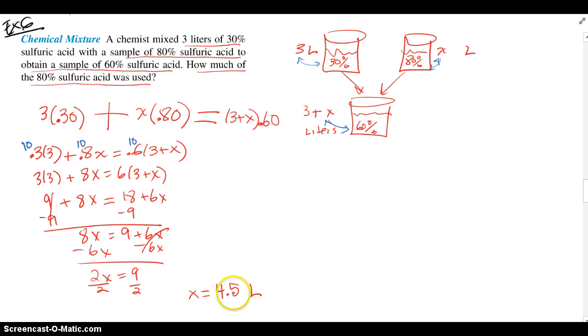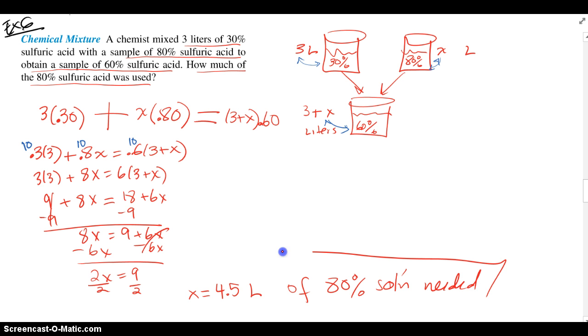So I found X to be 4.5 liters, and X represented how much of the 80% I need. So we say 4.5 liters of the 80% solution needed.